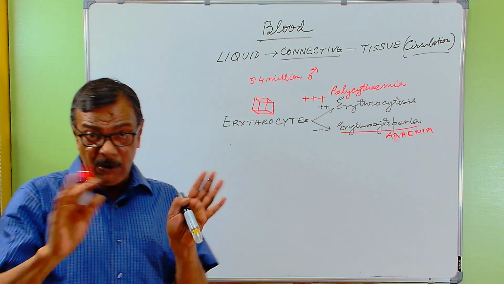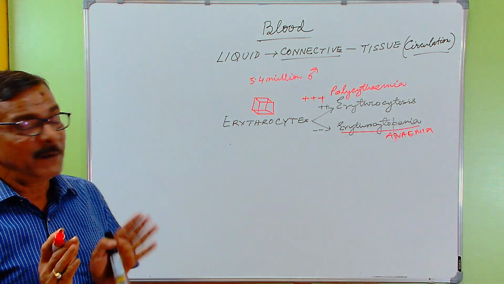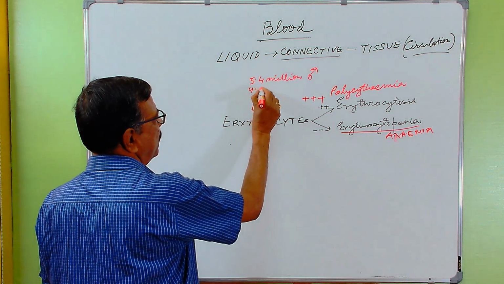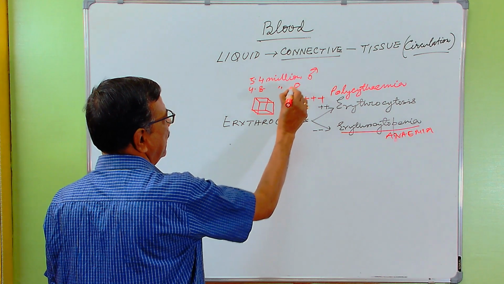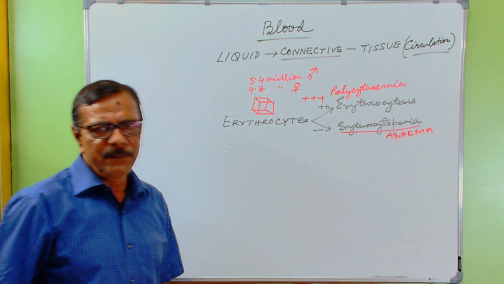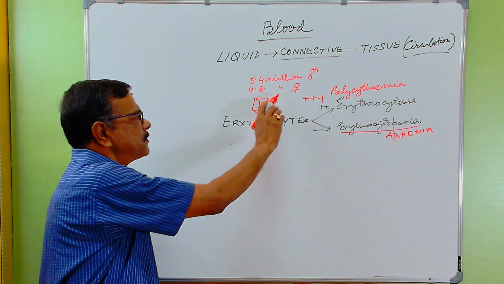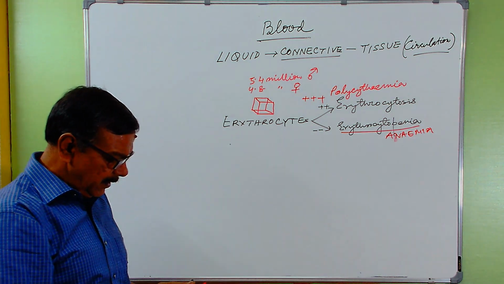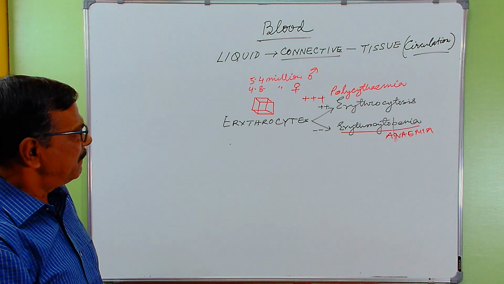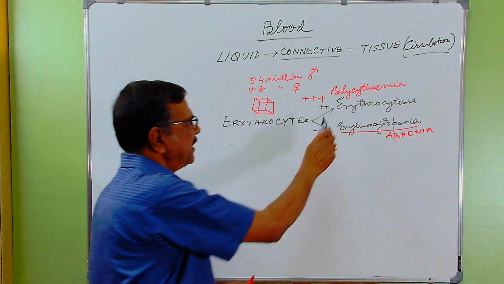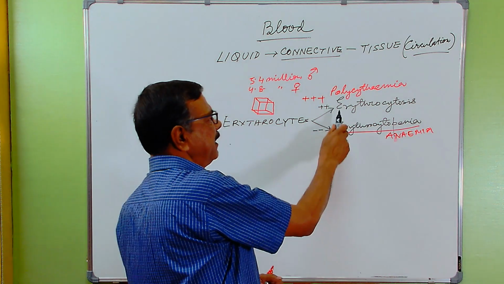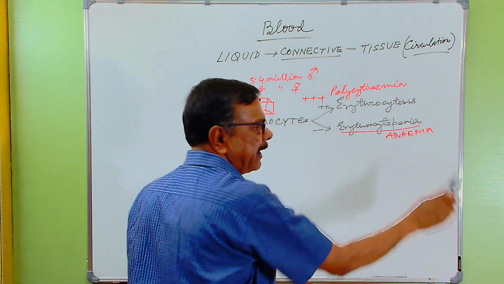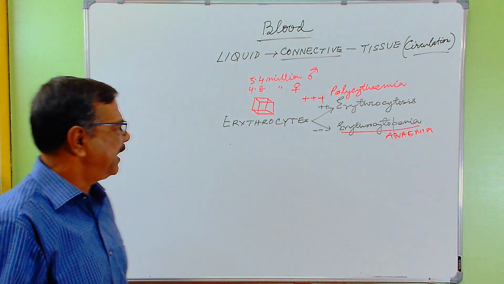See how much is the quantity. In case of female, it is 4.8 million. This is how erythrocytes remain. Now, here I have said the number, if it increases or decreases the number, it causes anemia. Anyway, I will come to anemia later on.